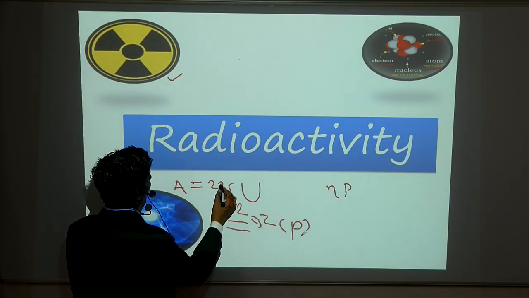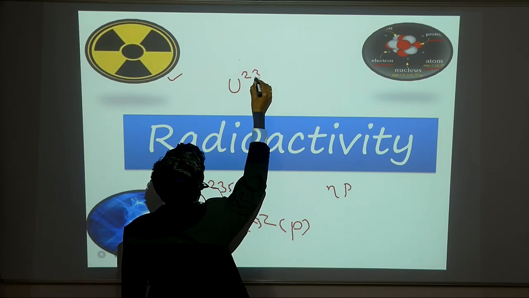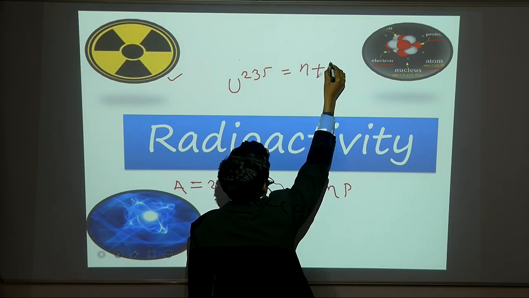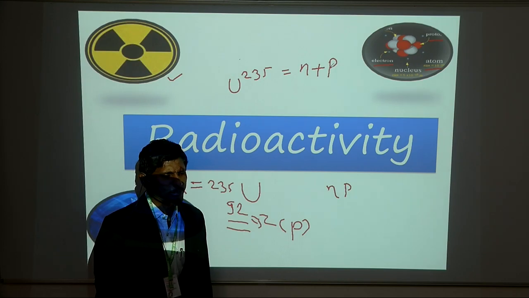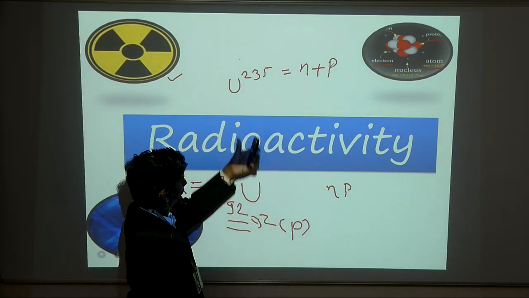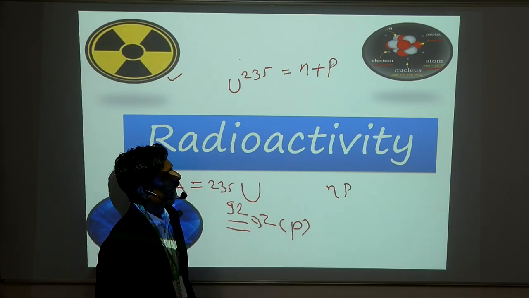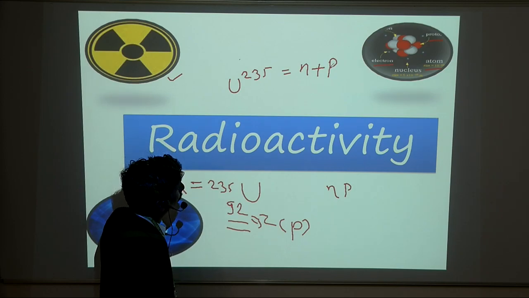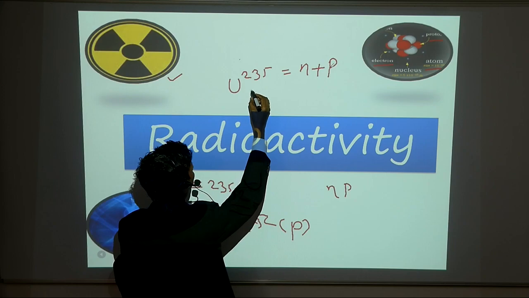And the 235 represents the sum of the number of protons and neutrons. It is the atomic mass number, so 235 is nothing but N plus P. Then what is the number of protons, and what is the number of neutrons?